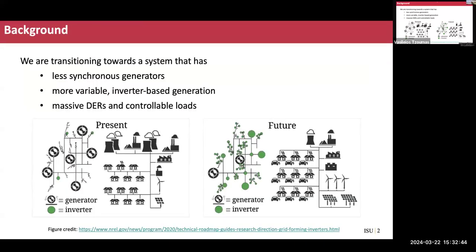As we all know, the power system is undergoing a paradigm shift. It's going from a passive system with mostly synchronous generators towards a system with more renewables, which means we have fewer synchronous generators. We have fewer of those big coal power plants. We have more distributed energy resources. We also have massive DERs and controllable loads.